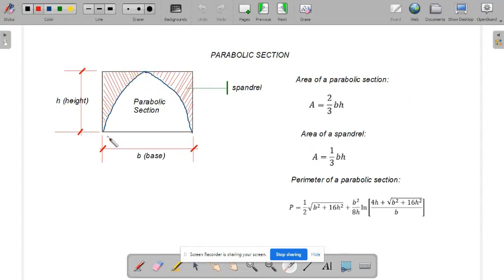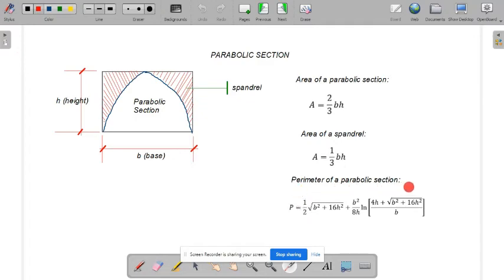If you notice that the opening is parabolic in section, and we label this as the height, and this is the base. In a parabolic section, we get the area by getting 2/3 of the area of this rectangle, or 2/3 times BH. And the area of a spandrel is of course 1/3 of the rectangular area.